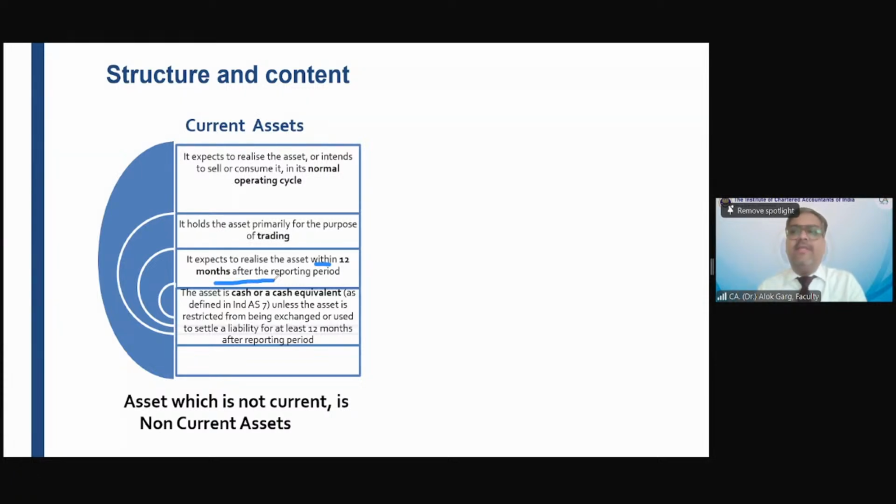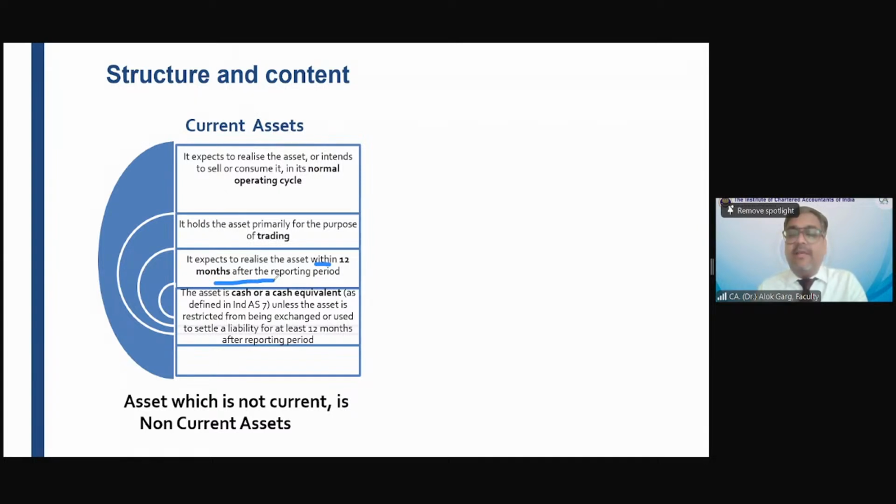In this case, the electricity deposit. Electricity is one of the essential requirements for running a business. So if the company is running on a going concern basis, the company is not expected to surrender its electricity connection. The company does not expect to receive this electricity deposit back after 12 months or in the near future.